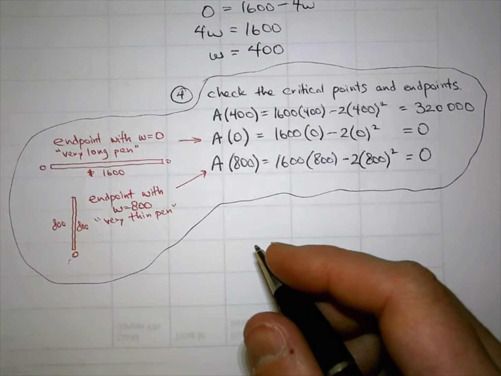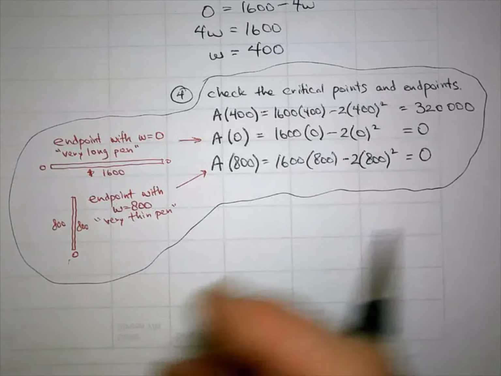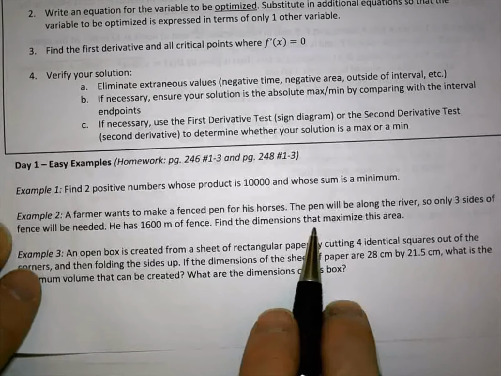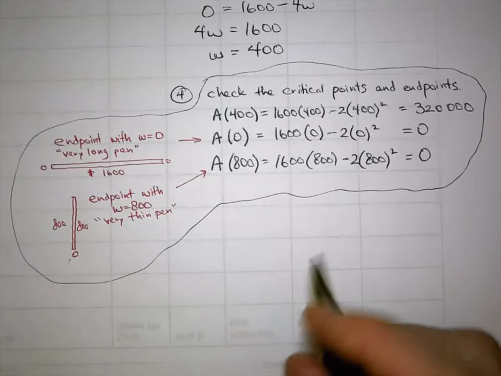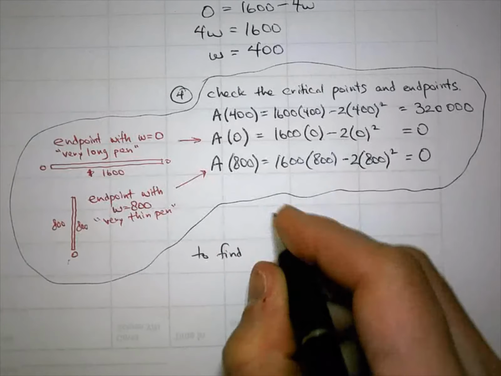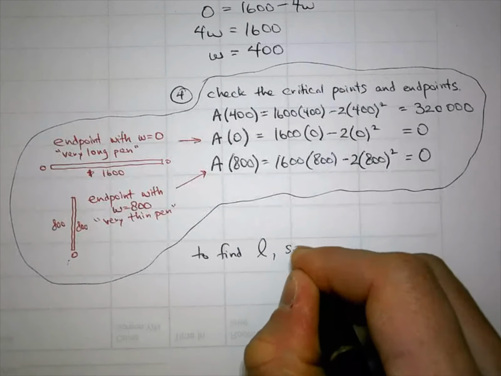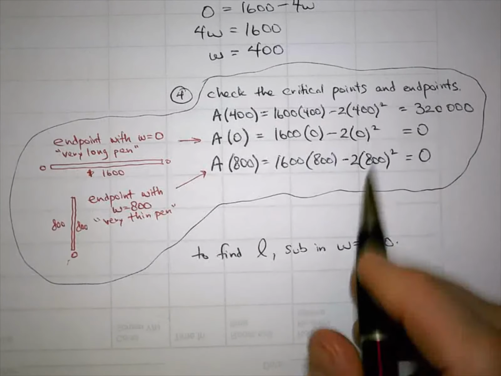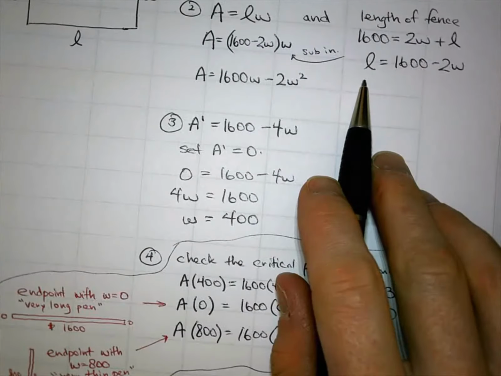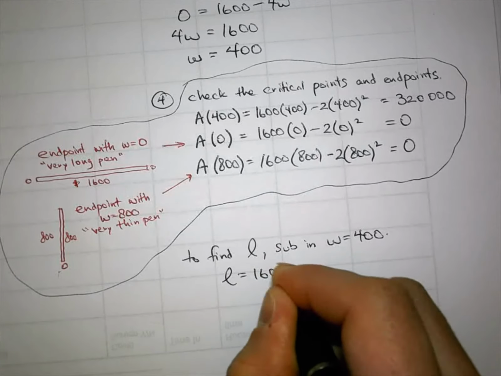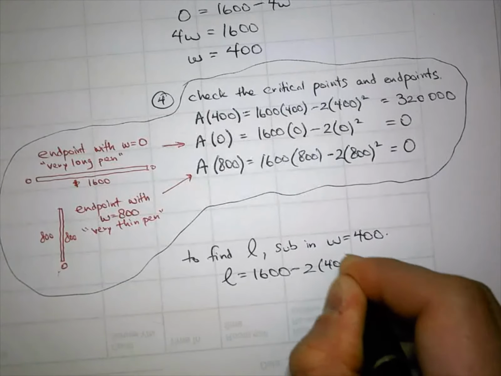So, what was the question again? Find the dimensions that maximize the area. Well, I've only found the width, so I also need to find the length. To find L, sub in W is equal to 400. So I'm going to take my expression for length, which is up here. So I have L is equal to 1600 minus 2 times 400.